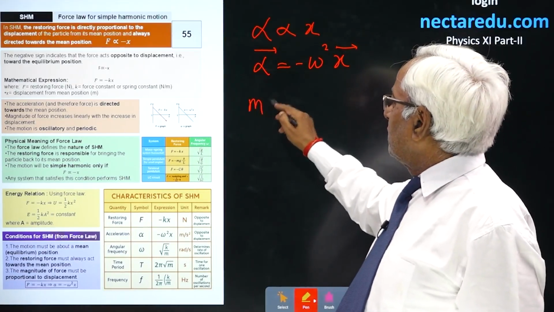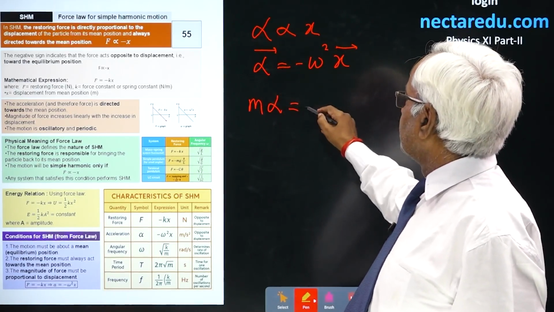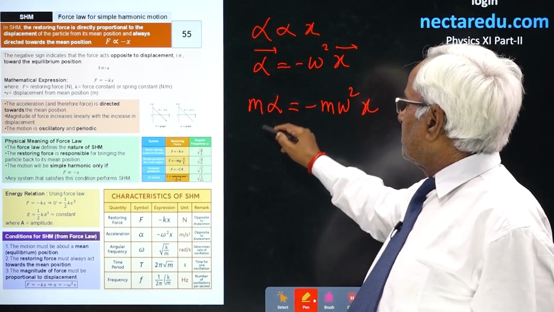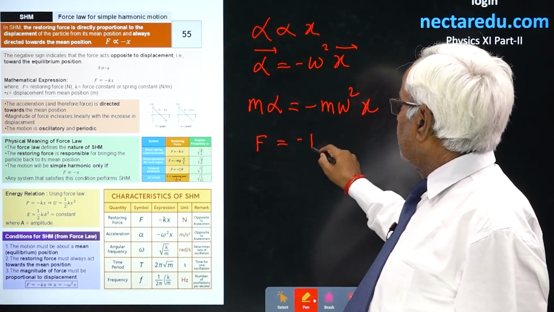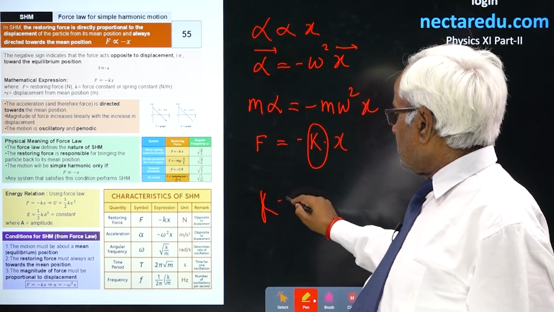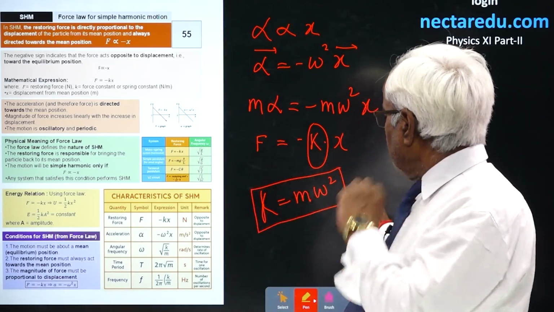If you write down the force associated with this acceleration, it's going to be m omega square x. This is force and this would be written as kx. This is called force constant k, m omega square.